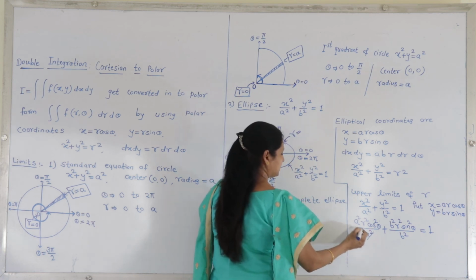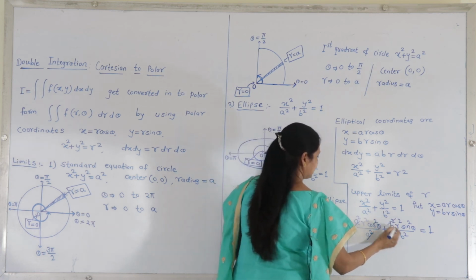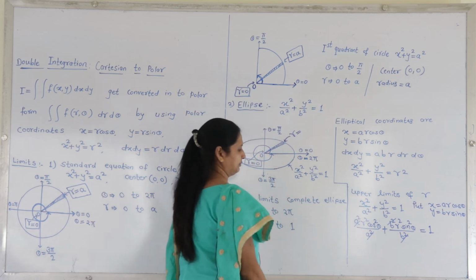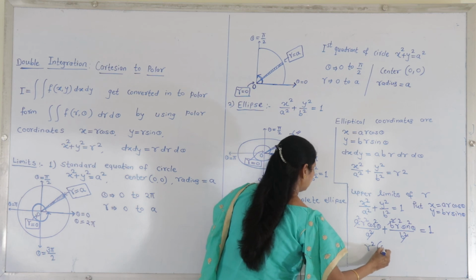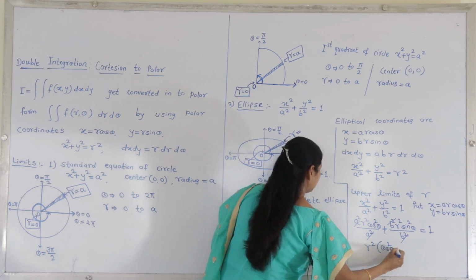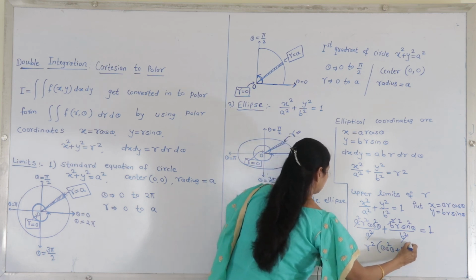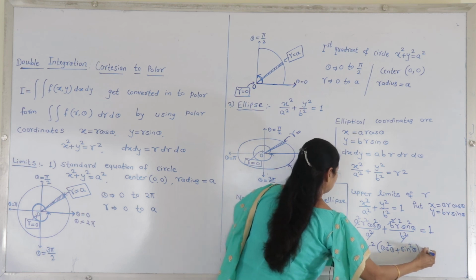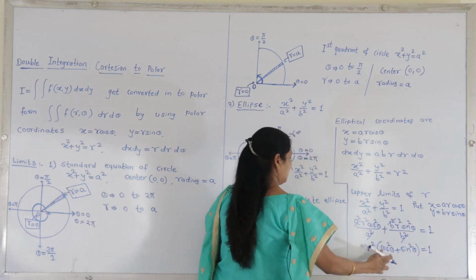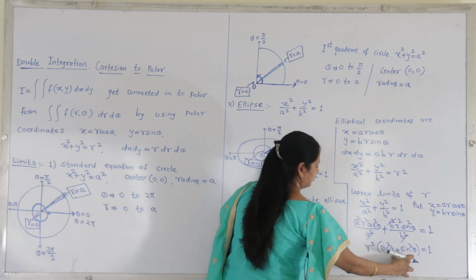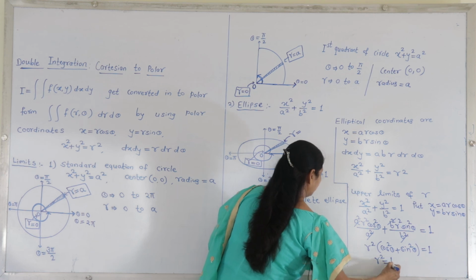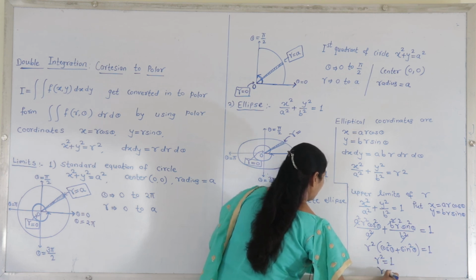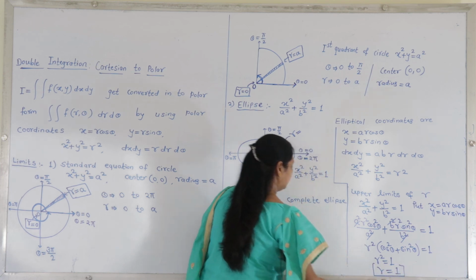The a square cancels, the b square cancels, and r square is common in the bracket: cos square theta plus sin square theta is equal to 1. The value of cos square theta plus sin square theta is 1. Therefore r square is equal to 1, that means r is equal to 1. That is the method of finding the upper limit actually.